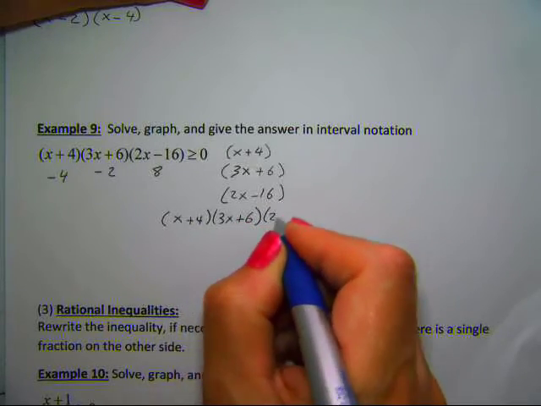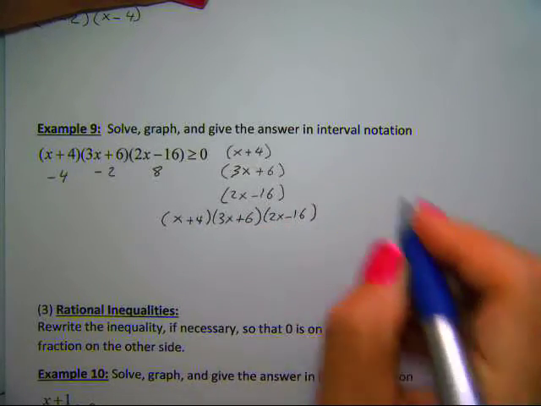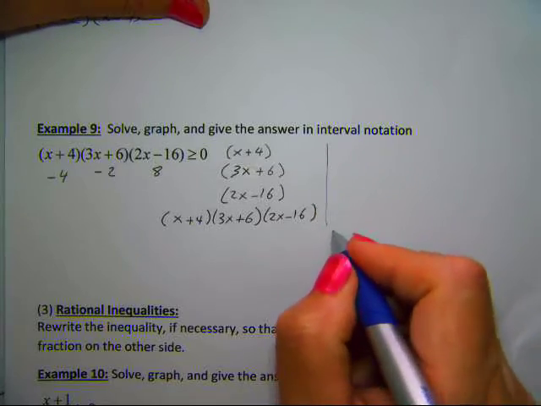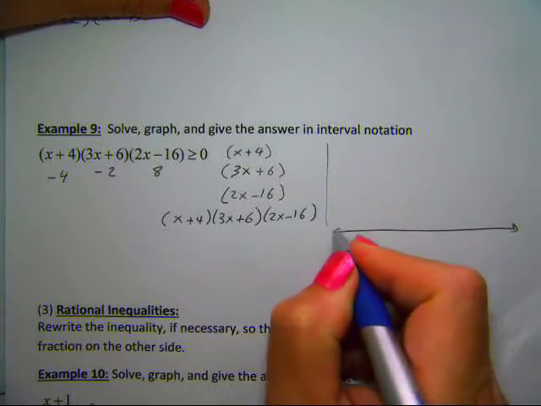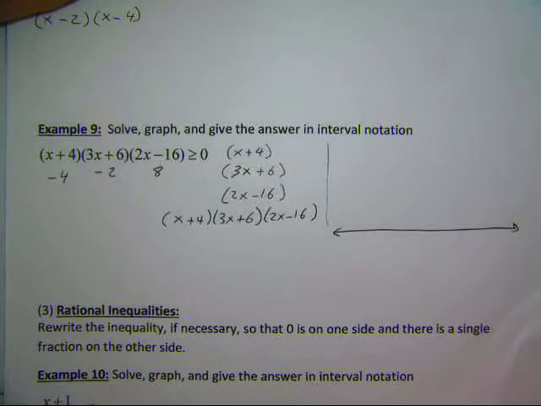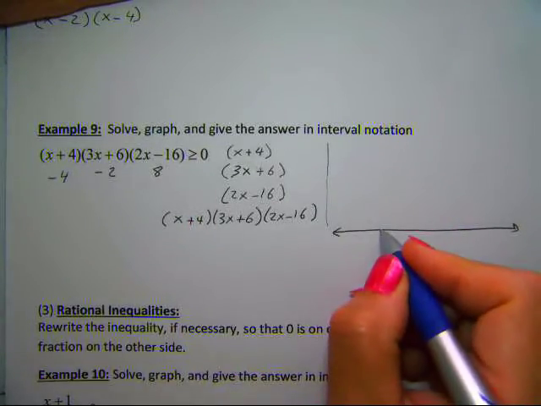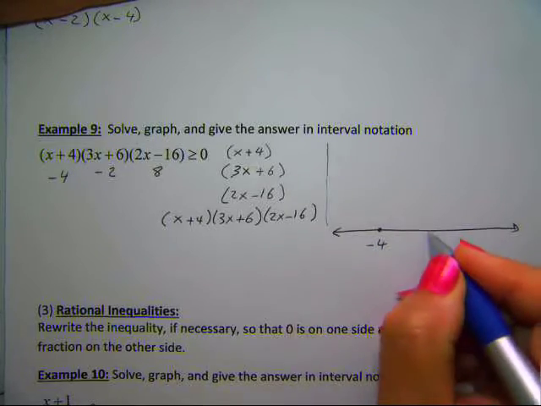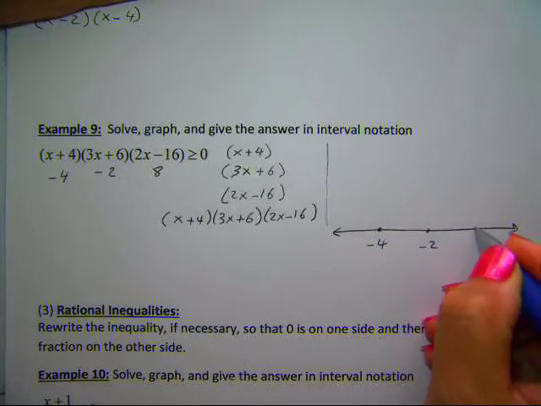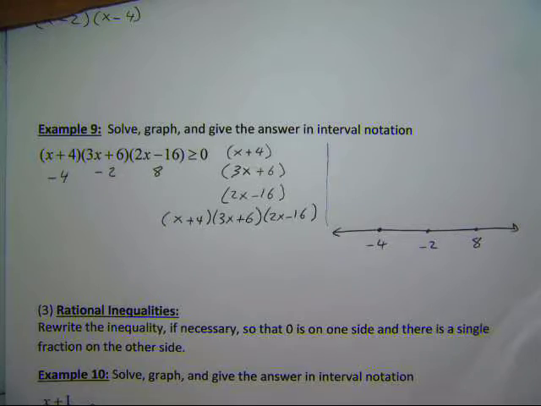Now below to the right is the number line, and in that number line we are going to put all these values in the order of the number line. So the smallest is negative 4, then negative 2, then 8. Just happened to be that way.